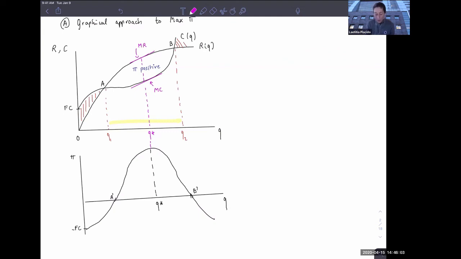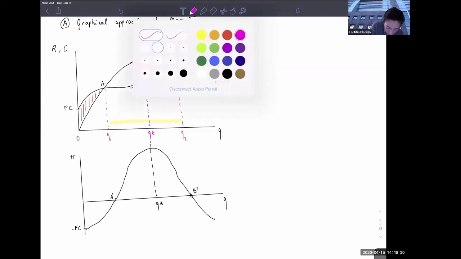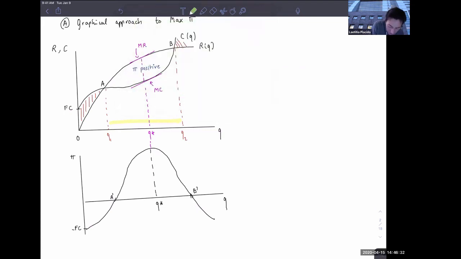Okay, so the optimal level of output Q star will be such that the marginal revenue is going to be equal to the marginal cost. Okay, so when the slope of the total revenue is the same as the slope of the total cost, then we know that profit is maximized. Okay. So what happens when, let's say, for instance, I'm here.